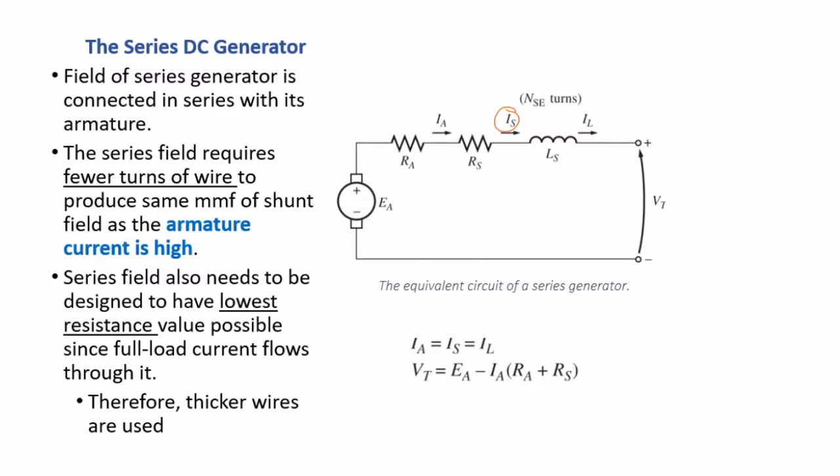It's referring to the field current of this DC generator. So for this type of generator, IF or IS, whichever you use, I would personally use IF, is equal to IA, the armature current, and also equal to IL. So they are all the same, because they are all flowing in the same loop.